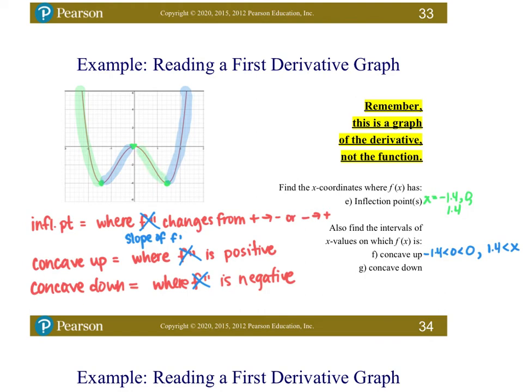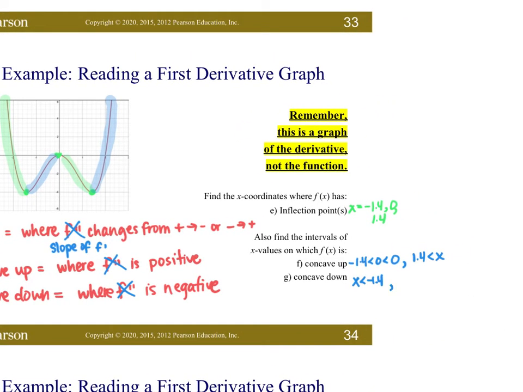And so that means the original function will be concave down on those two places. And so concave down would be anytime x is less than negative 1.4 or between 0 and positive 1.4.